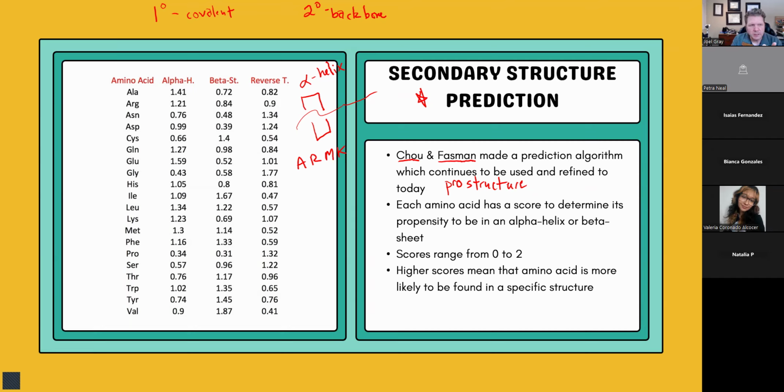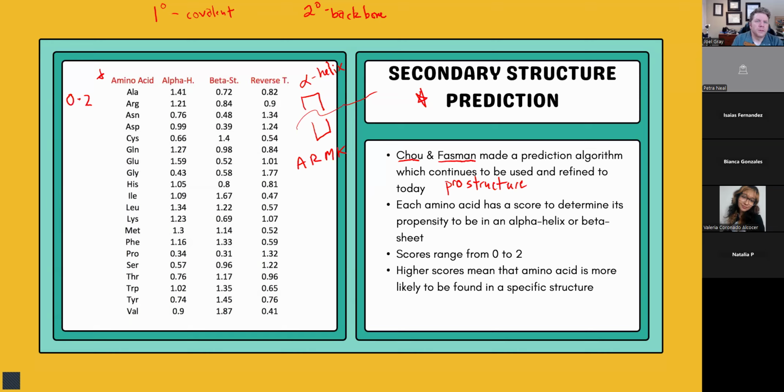They did that for the alpha helices and the beta sheets, and they ultimately came up with basically a scoring system. That is shown in this table right here. They gave a scoring range from 0 to 2. Every amino acid was given a score of 0 to 2. This is essentially what's known as a propensity score, where you can think about it as likelihood.